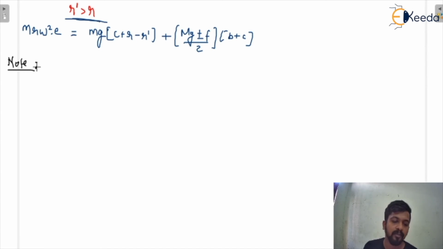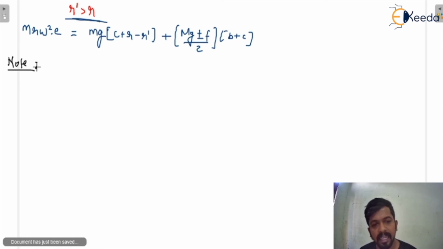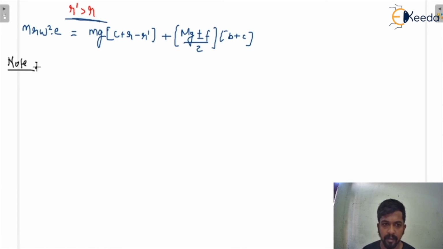When I'm talking about the same performance, for the same performance in the Powell governor as earlier obtained in the Porter governor, the mass of the flyball in case of the Powell governor is less as compared to that required in the Porter governor.